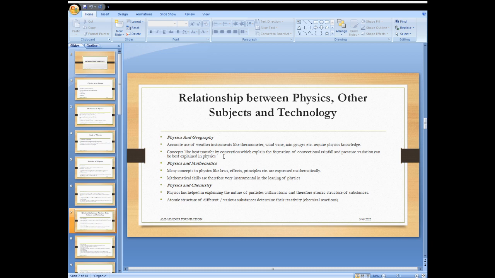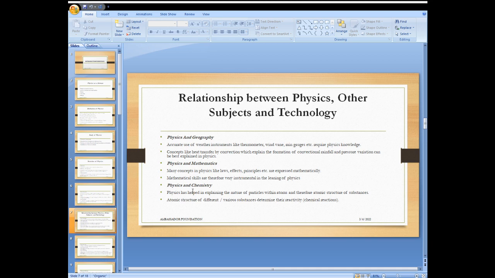Now, that is geography depending on physics. Physics and mathematics. Many concepts in physics like laws, effects, principles, etc. are expressed mathematically. So we are borrowing knowledge from mathematics. Mathematical skills are therefore very instrumental in the learning of physics. Yes, we are borrowing those formulas from mathematics.